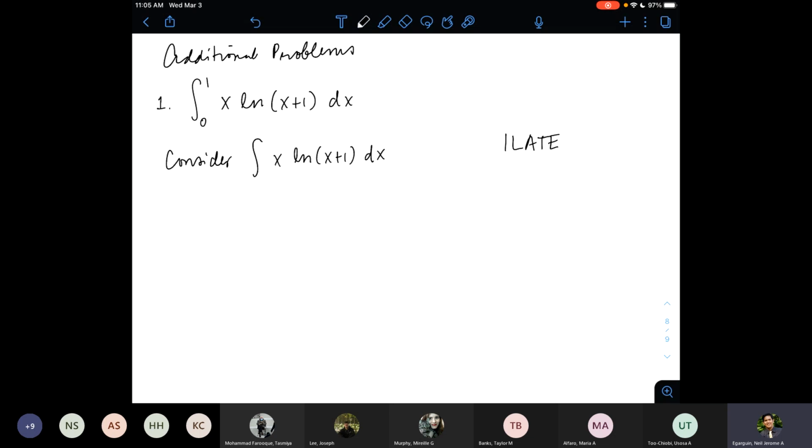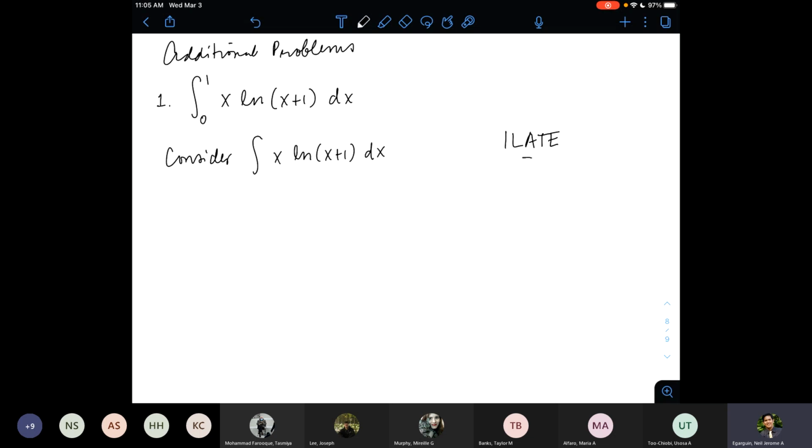All right, so let's see where we are at. The first factor x is algebraic, and the second factor ln of x plus 1 is logarithmic. In our mnemonic, L precedes A, so we'll take u to be the logarithmic function, and whatever is remaining would be our dv.